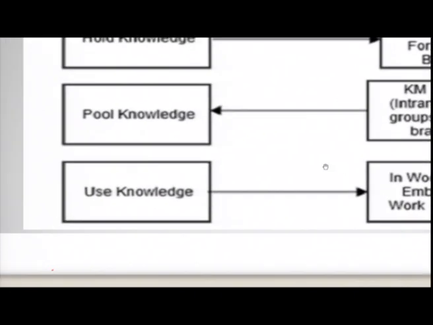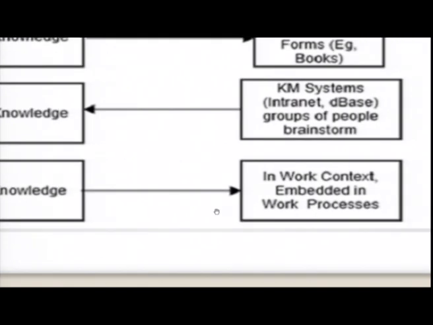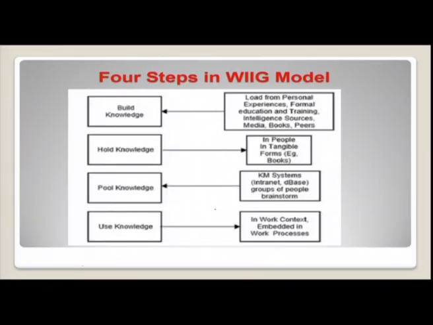Then use knowledge. Use knowledge is used in the work context, embedded in work processes. So these are the 4 steps used in the WIG model, and what the 4 steps in the WIG model are is a frequently asked question.